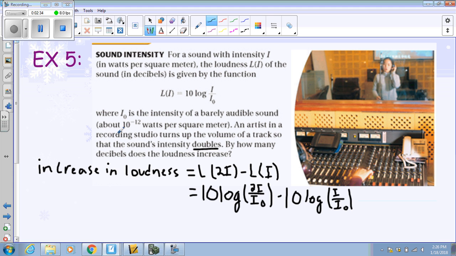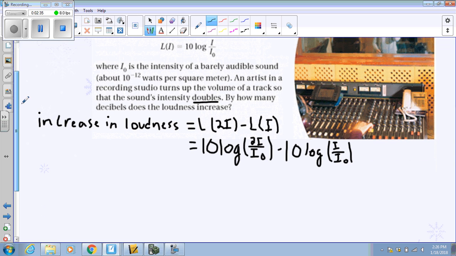So now what we're going to do is factor out what these two things have in common. Well, if you notice, they both have a 10 in common. So we're going to go ahead and factor that out. So we have a 10, and then here we have our log of 2I all over I naught.